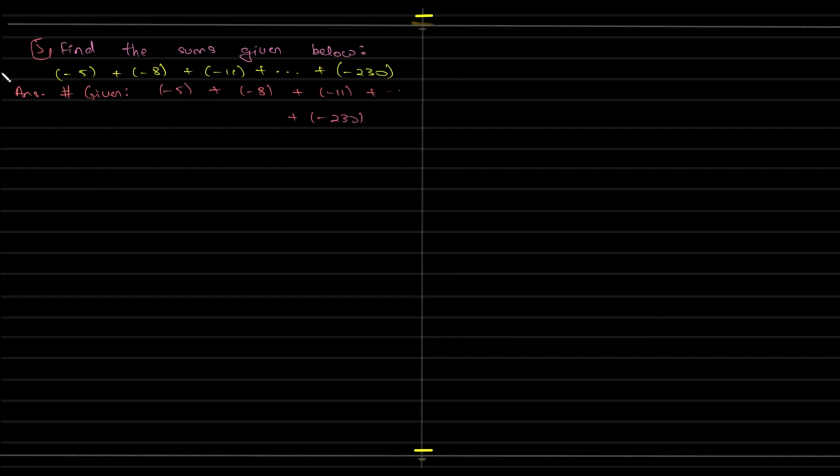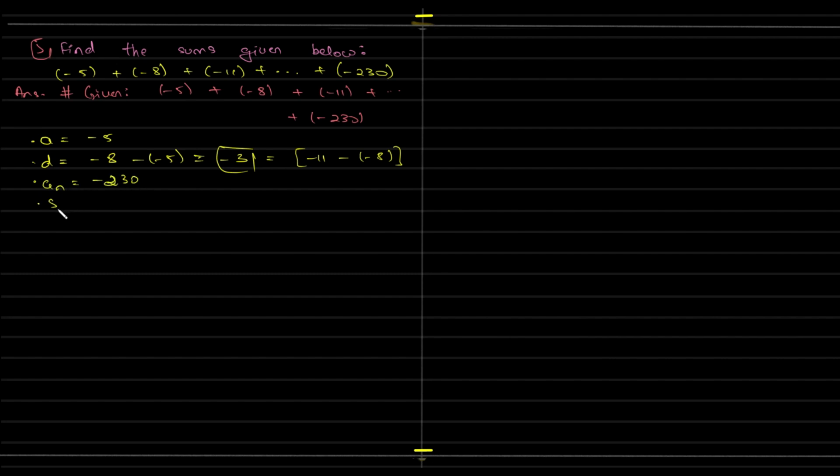So we begin with writing down a, that is minus 5. Clearly the difference has to be negative. Minus 8 minus of minus 5, that is minus 8 plus 5, minus 3. To confirm, minus 11 minus of minus 8, minus 11 plus 8, minus 3. Yes, it's correct.